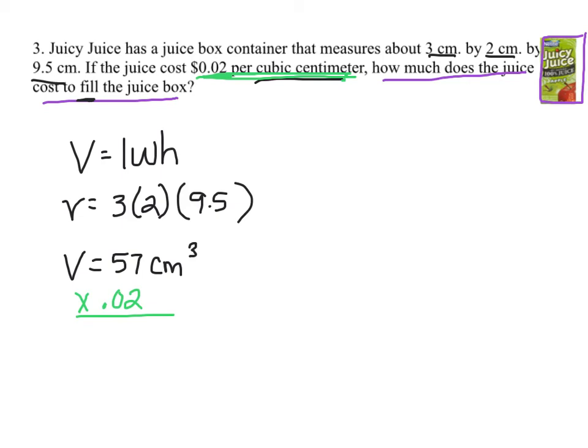We're not dividing up the juice by cost. We have the unit rate, so we're multiplying 2 cents times 57, and we get $1.14 is the cost to fill the juice box.